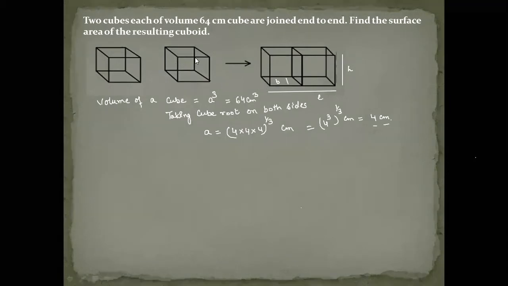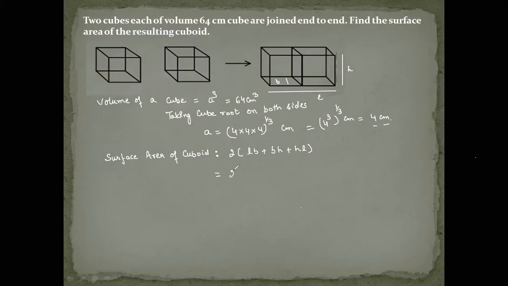Alright, so we can first write the formula of the surface area of a cuboid. The surface area of a cuboid is 2 into length into width plus breadth into height, plus height into length.